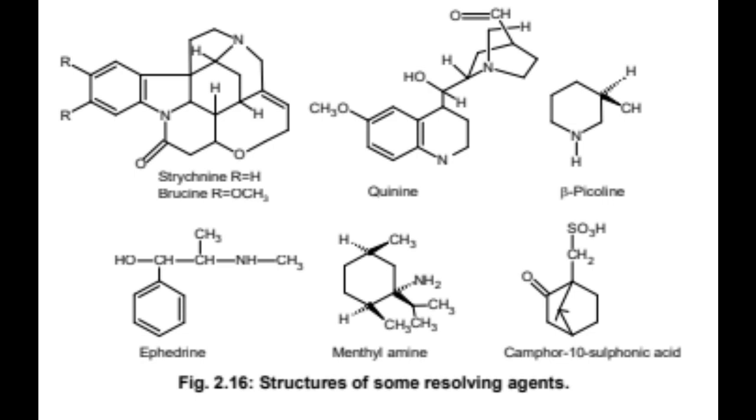The above method can also be used for the separation of a racemic mixture of bases by treating with one enantiomer of a suitable acid.